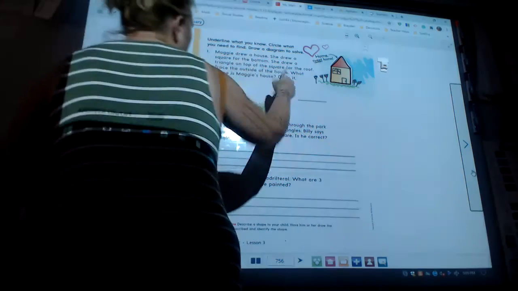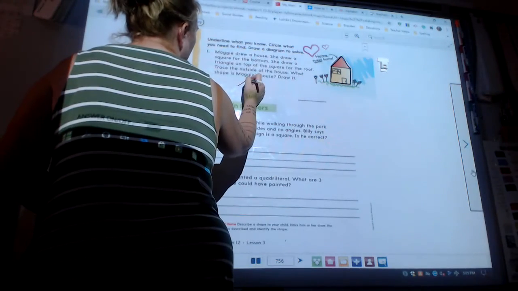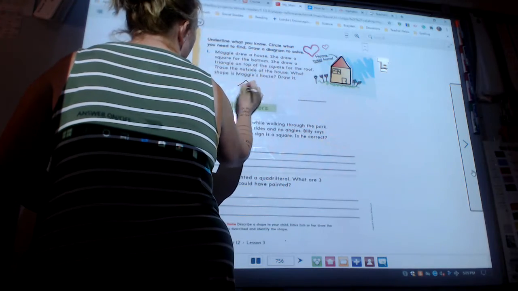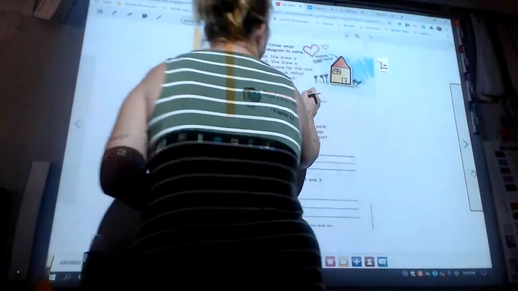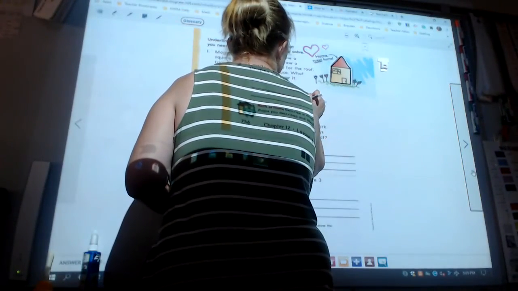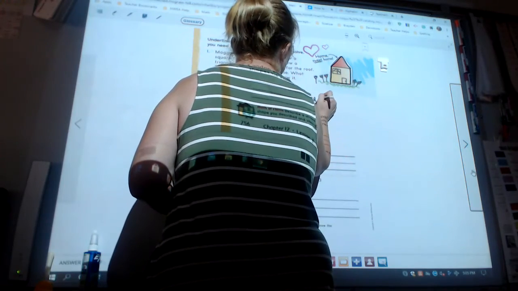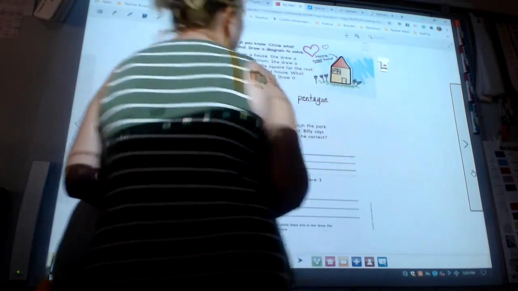By tracing just the outside part, what shape is Maggie's house? They want you to draw it again. What shape is Maggie's house? It is, in fact, a pentagon.